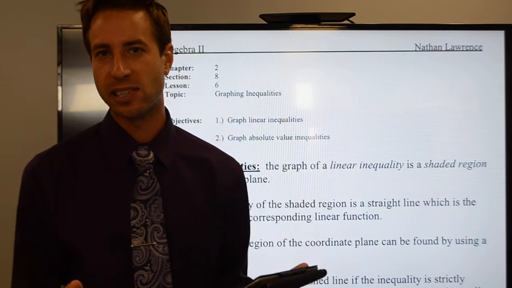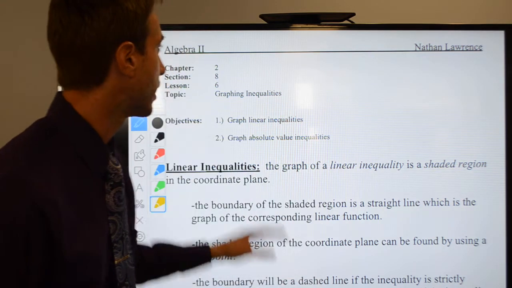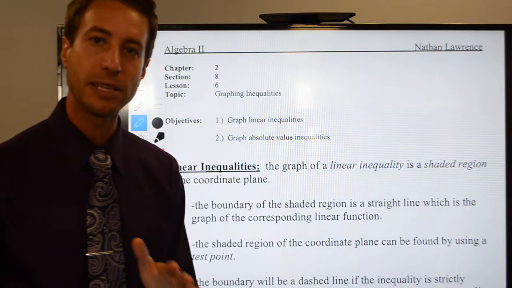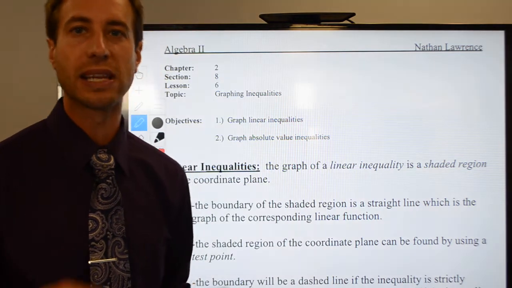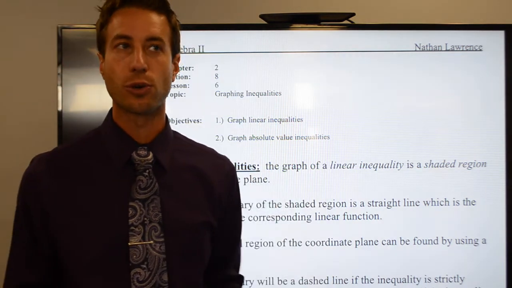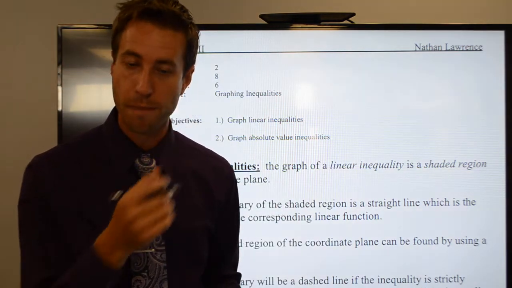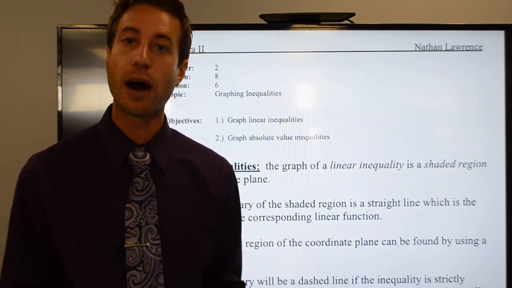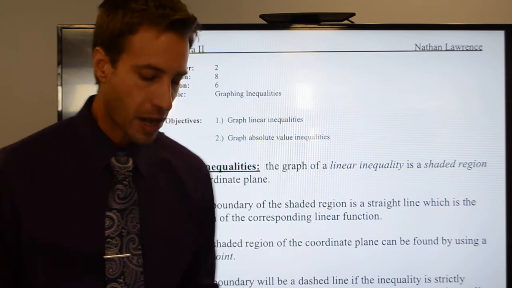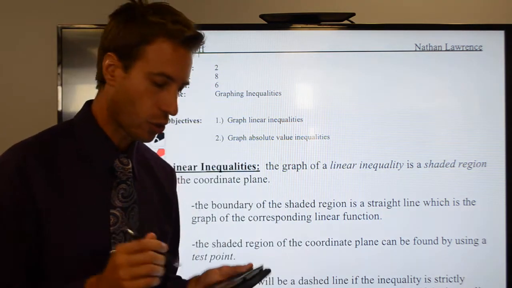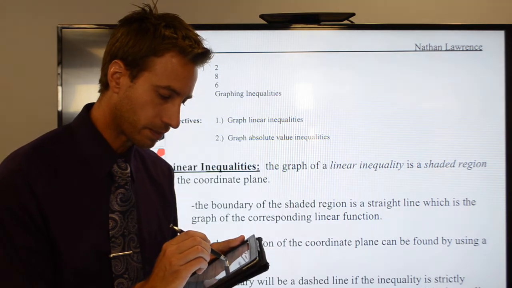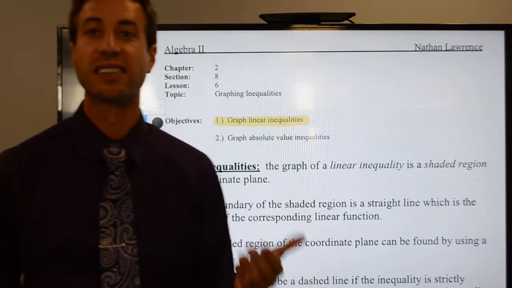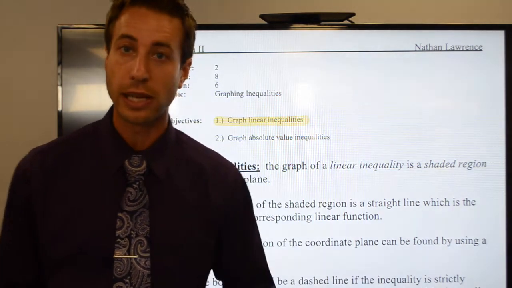And so we're seeing this theme of graphing. Chapter 2, Section 8 is going to be absolutely no different. What we're going to be doing here is graphing inequalities. You were introduced to graphing inequalities in Algebra 1, so this should just be a refresher. A couple of things about objectives or learning targets as we go through these notes. The first thing you need to be able to do by the end is graph linear inequalities, so we'll look at those first.